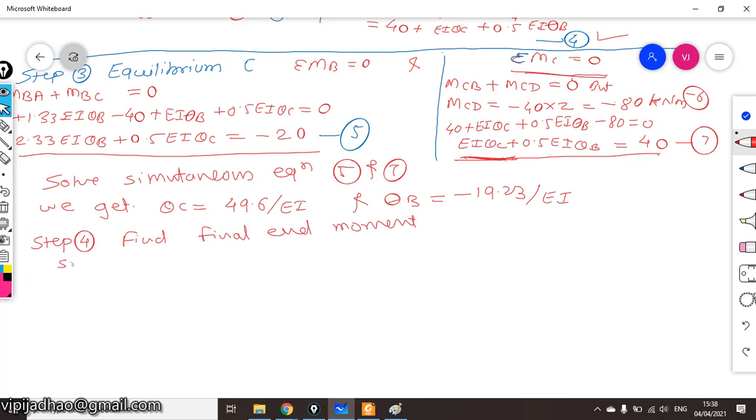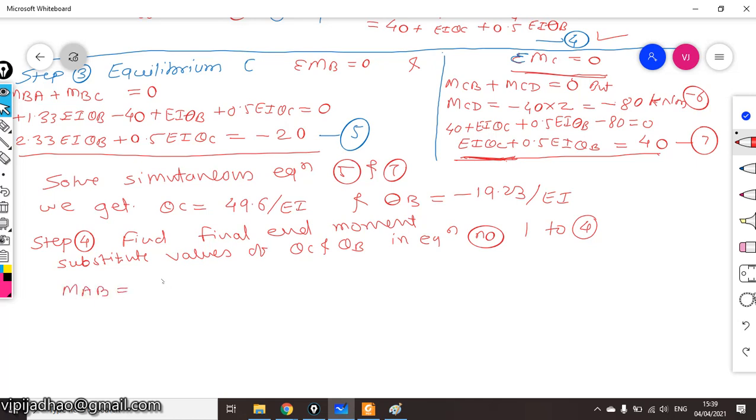Substitute values of theta C and theta B in equations number 1 to 4 to get the value of all the final end moments. Therefore we will get MAB.